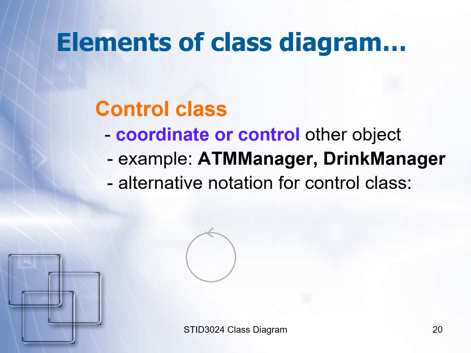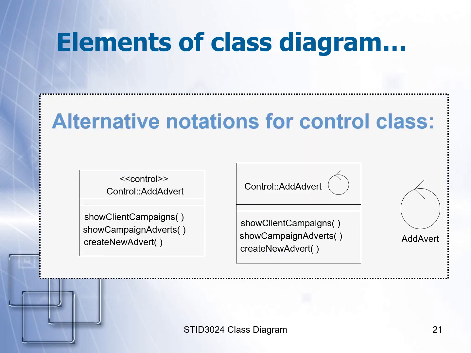Third stereotype for class diagram is called control class. So this is a class that is meant to handle control of the system. For example, class that will trigger another class in order to start. Okay, and normally the way that you give name is that you add the word manager at the back or controller, just to indicate that this is a control class.